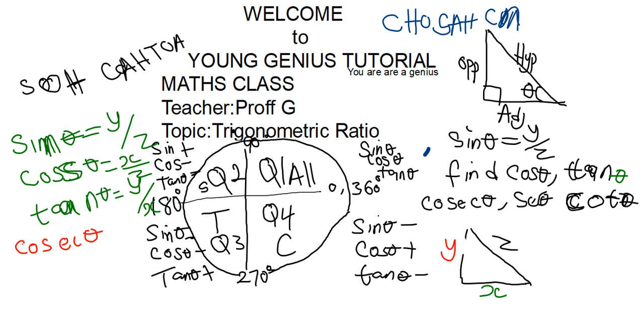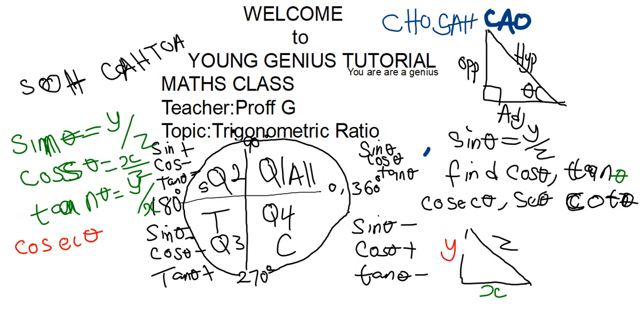I hope you are with me. So let's go on. This formula, SHO CAH TOA, will be very helpful. This C here is representing our cosec.